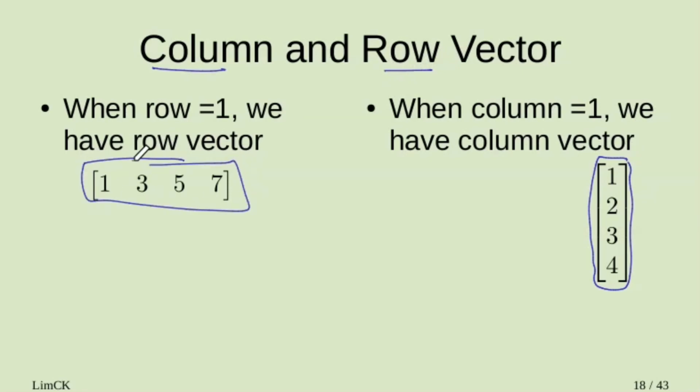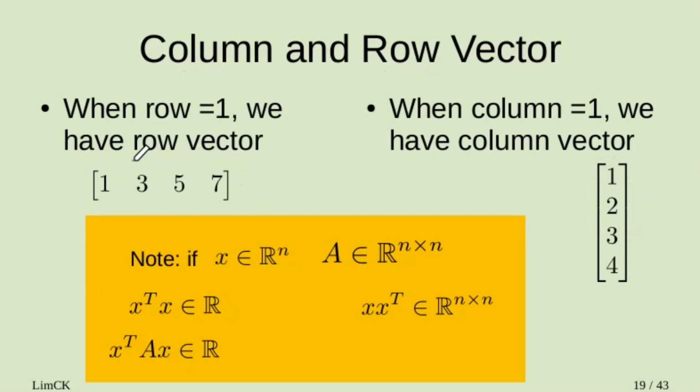If x is a column vector, this means that x is an element of R^n, with n rows. Then this is a column vector with n elements.